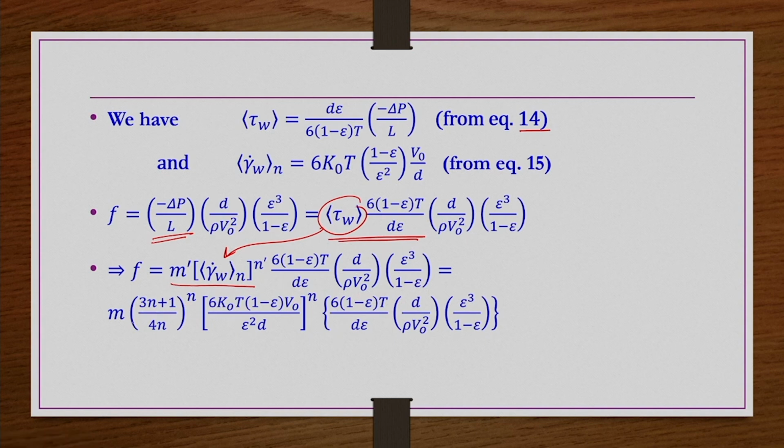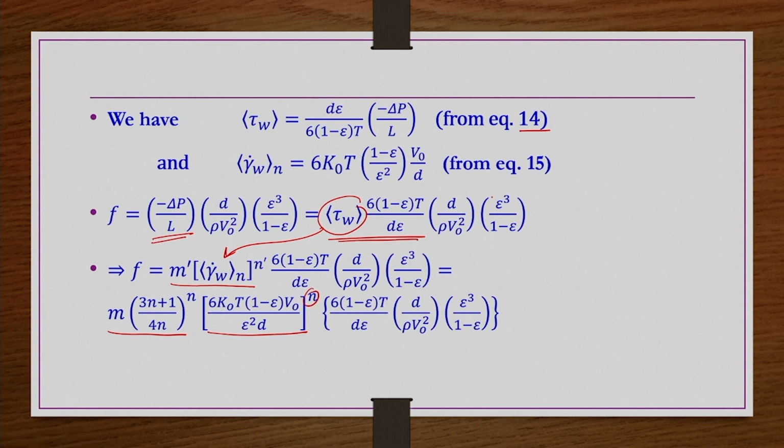Next step, in place of m prime we write m multiplied by 3n plus 1 by 4n whole power n, and in place of gamma dot W n we write 6 k naught T, 1 minus epsilon by epsilon square, V naught by d, and then whole power n prime is n.